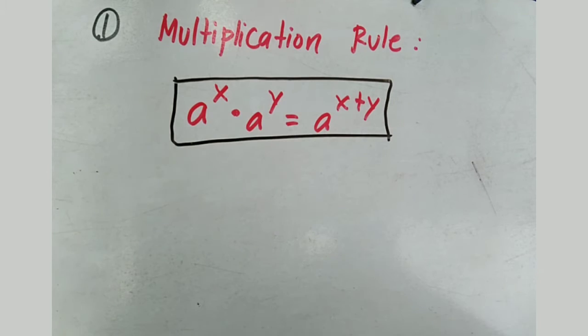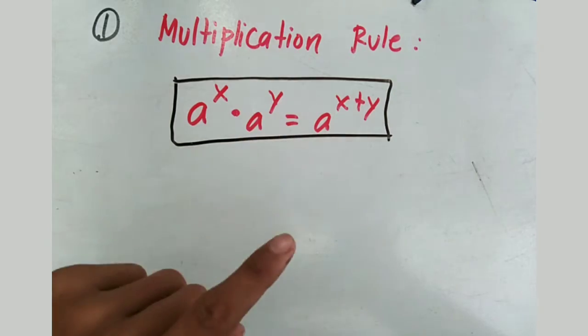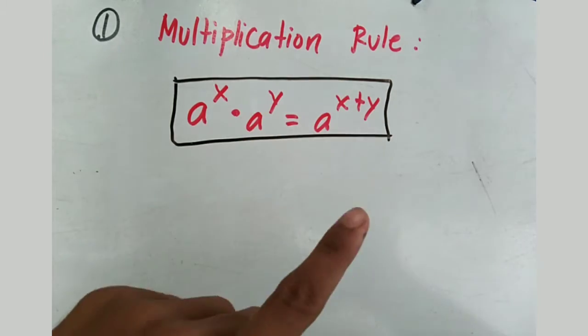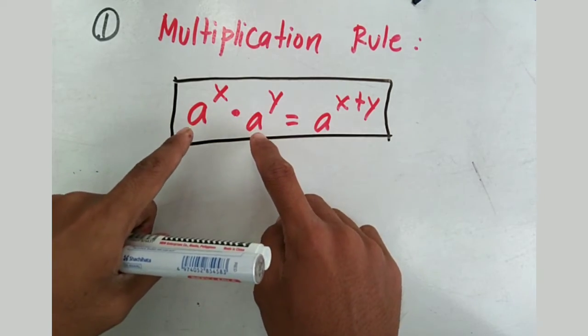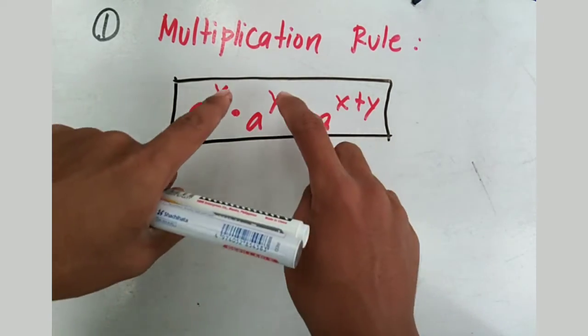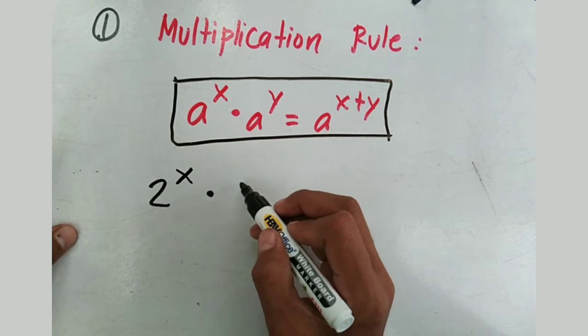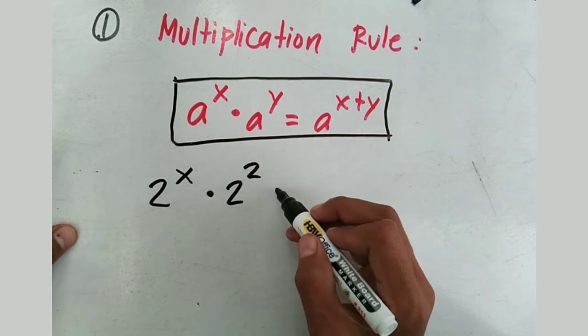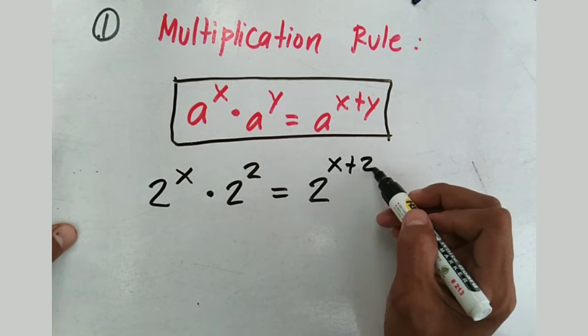The multiplication rule in the form a raised to x times a raised to y is equal to a raised to x plus y. Yes, same yung base. So, copy and add the exponent. Example, 2 raised to x times 2 raised to 2 is equal to, copy yung base and add the exponent.